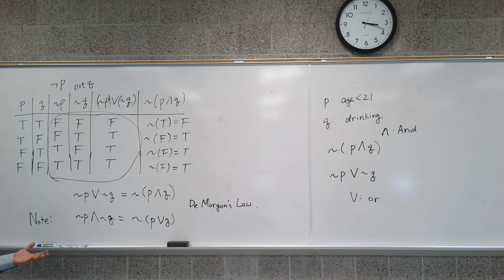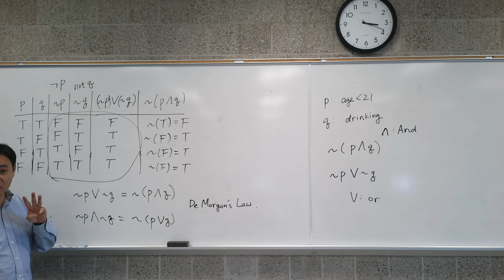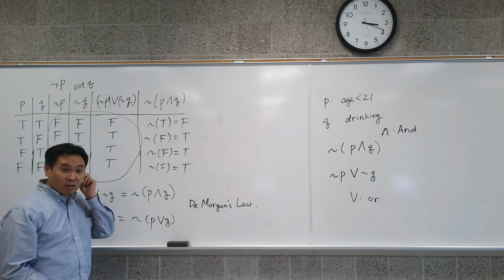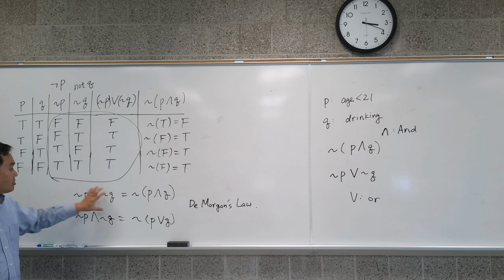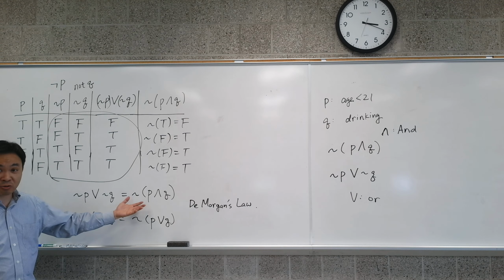You have to do a not operation, another not operation, and then or. That's 3 operations. But over here, we have 1 operation and another, just 2 operations. So by rewriting this, you've saved the number of operations needed.